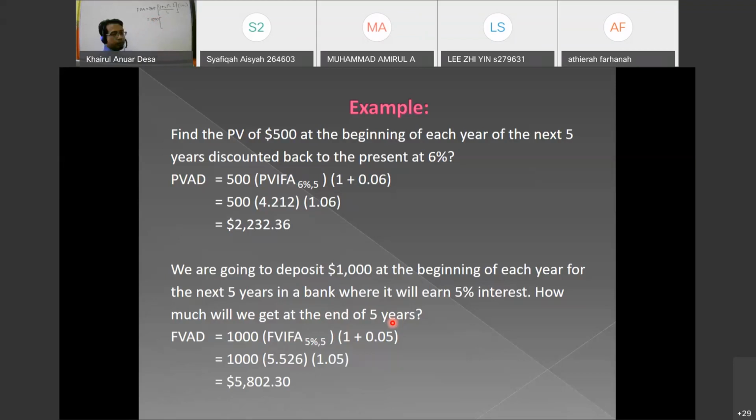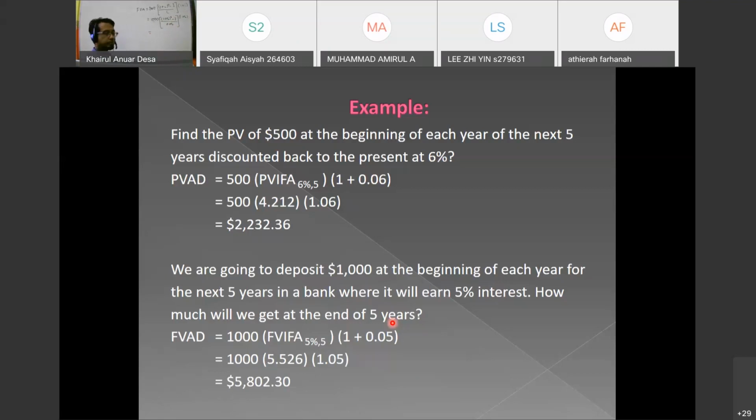So 1 plus I here is 5%, so 1.05 to the power of 5, minus 1 here, and over I, which is 0.05. Nampak? Okay. Here is 1.05. So, masukkan dalam formula.